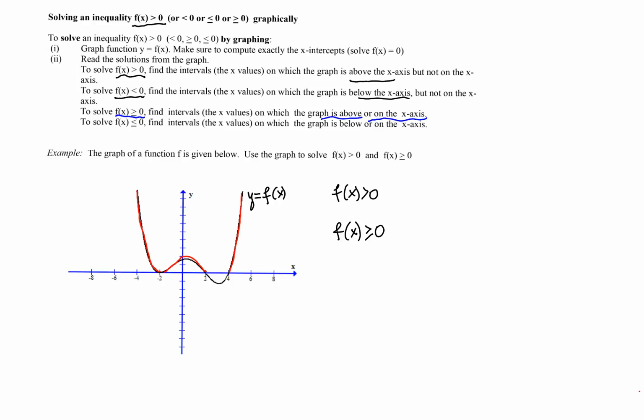So now to write the solution, I have to see what values of x generate this part of the graph.